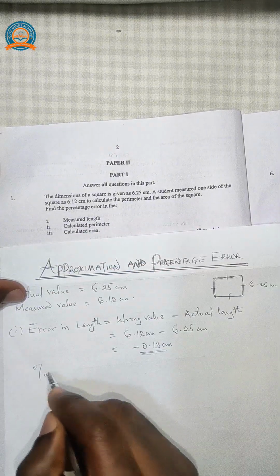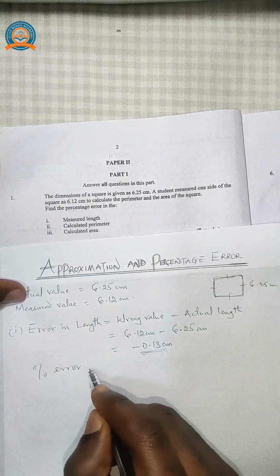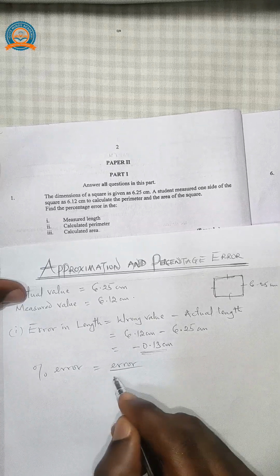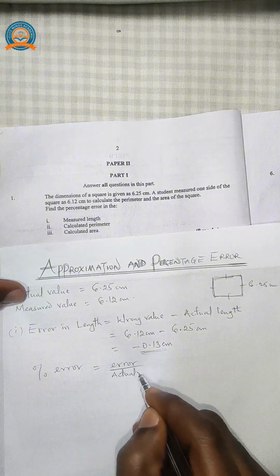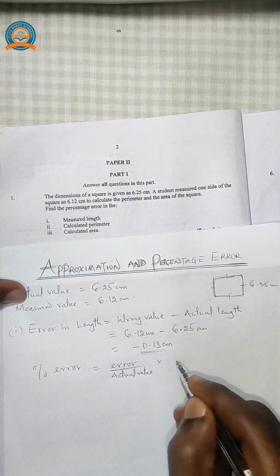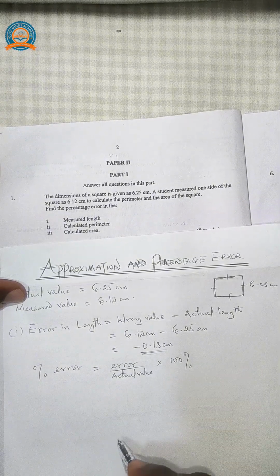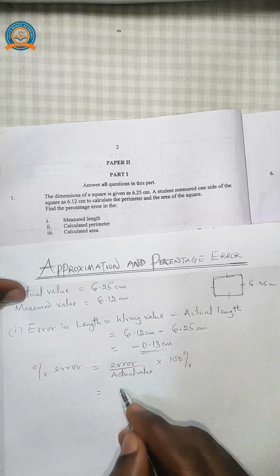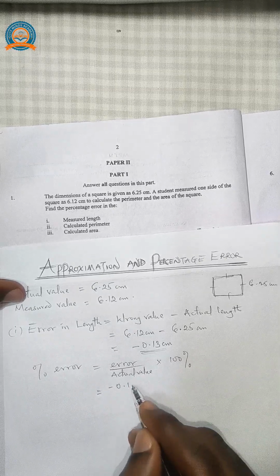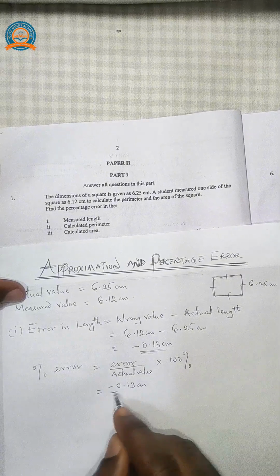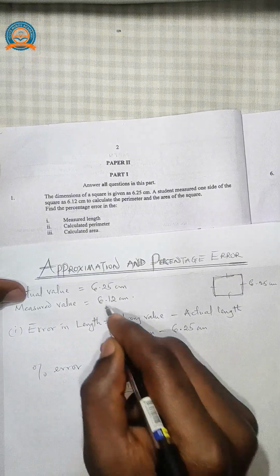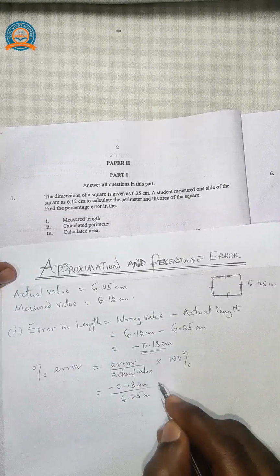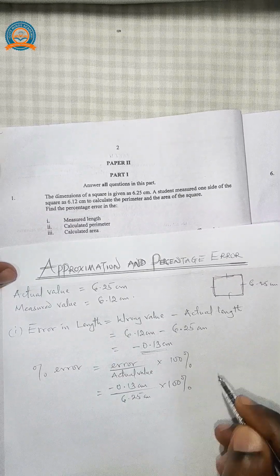So if we know the error in length, we can now find the percentage error in the length. So percentage error will now be, the formula, error divided by the actual value multiplied by 100%. So as calculated, the percentage error here will be error negative 0.13 centimeter divided by the actual value, the correct value, which is 6.25 centimeter, multiplied by 100%.